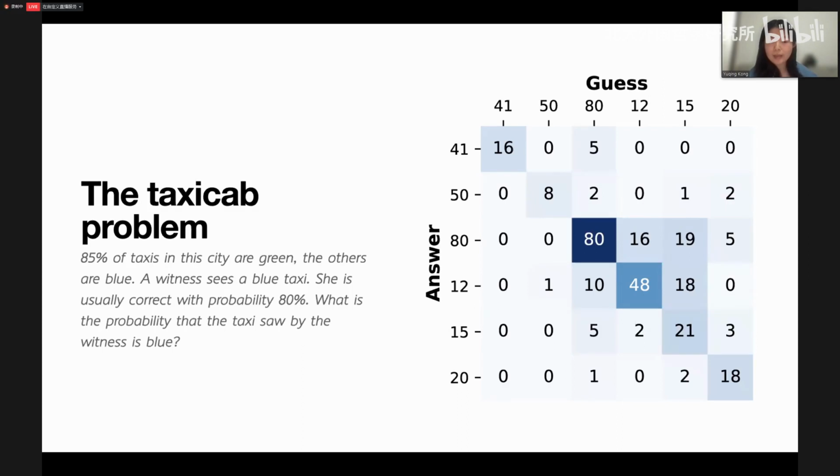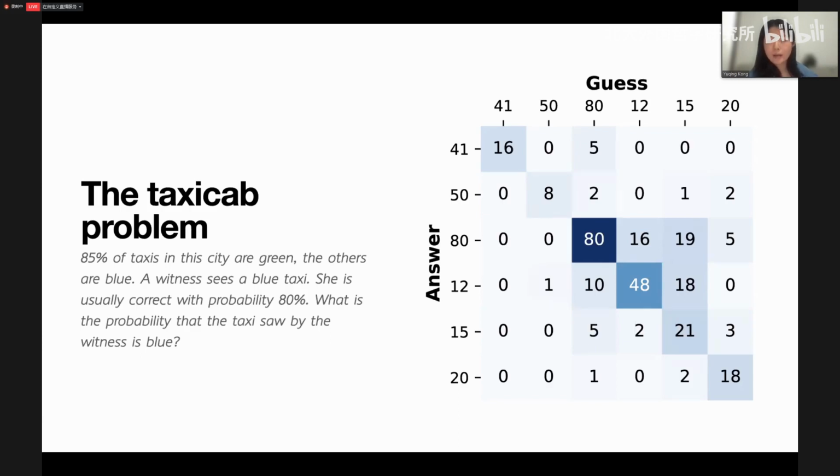What is the probability the taxi is blue? Another version is the hospital example: there is a device that can tell you whether you have a disease, and it is correct with 80% probability. The device says yes, you have the disease. What is the probability you really have it?